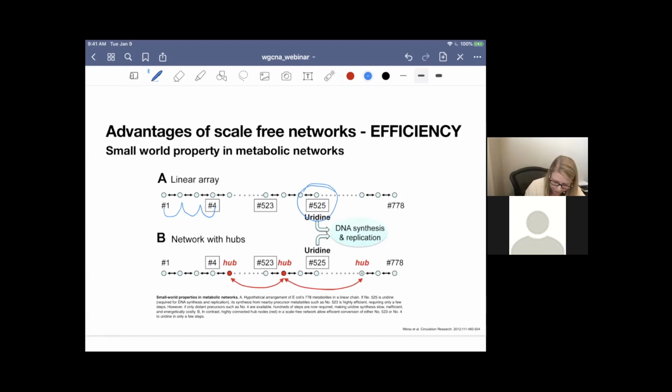Instead, what we see in metabolic networks are these hub metabolites, where it's easy to go from one hub to another. So instead of going through each one of these steps from 4 to 523, we can jump from hub to hub and get there much more efficiently and much more quickly.